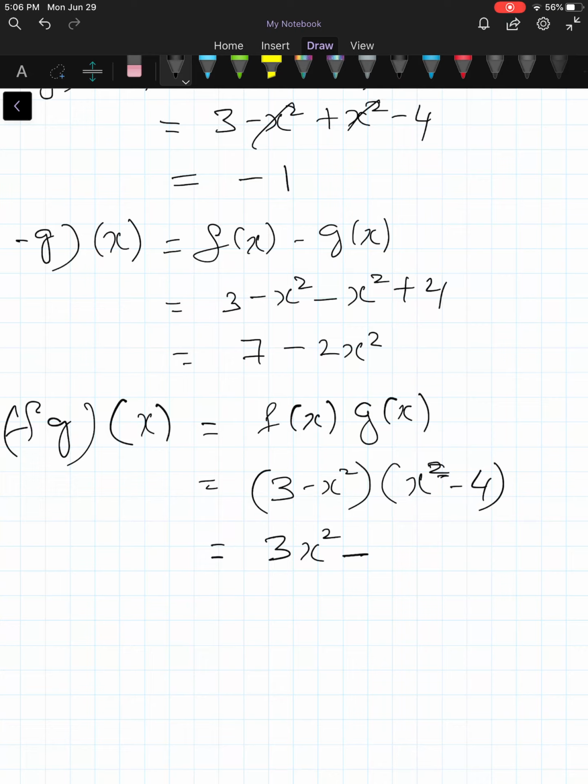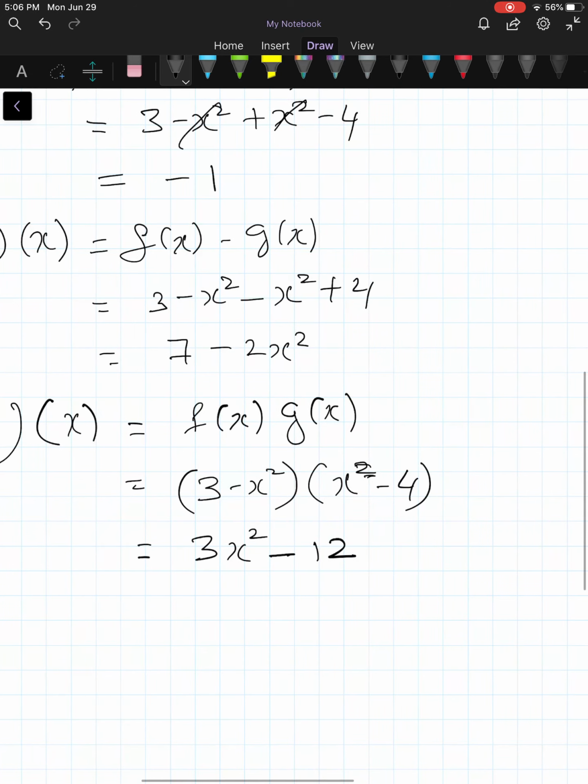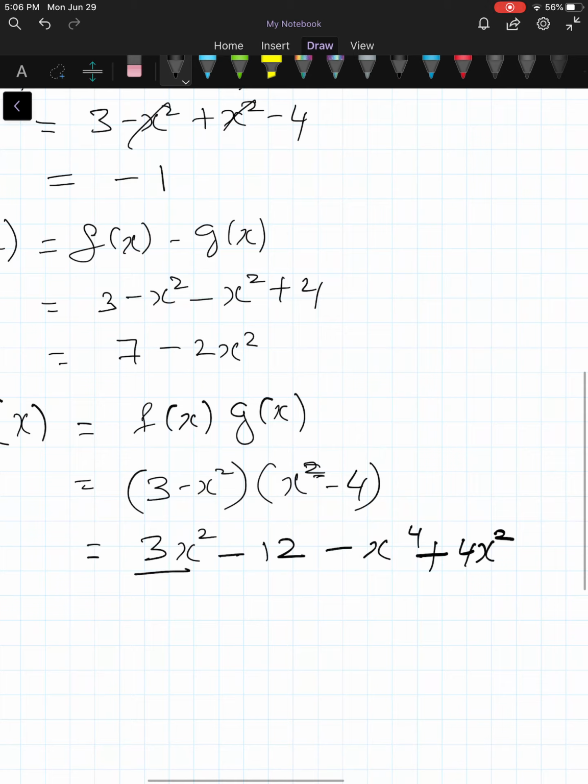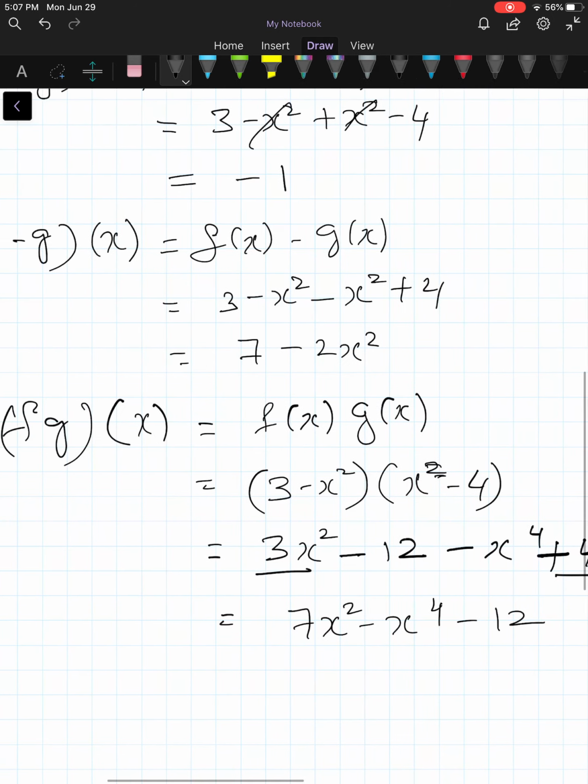The outer terms are 3 and negative 4, so that would give us negative 12. Then minus x to the power of 4 plus 4x square. The 3x square and 4x square are like terms, so if we add them, you will get 7x square minus x to the power of 4 minus 12. So that is the product.